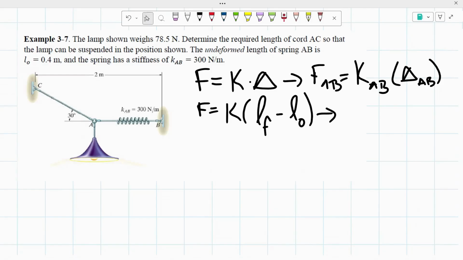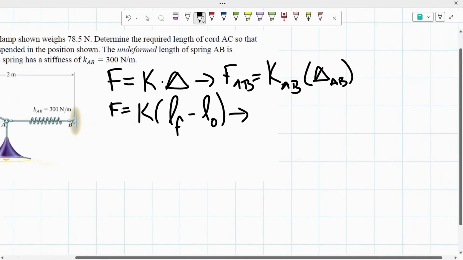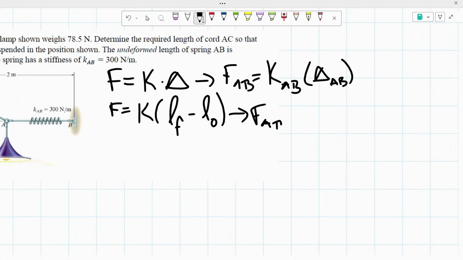So, in other words, it could be rewritten as force of AB is equal to the stiffness of AB times length final minus length original.